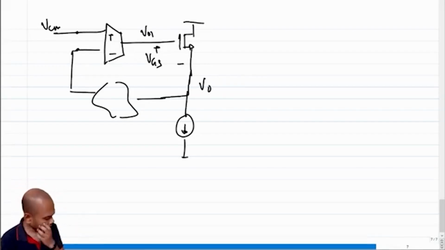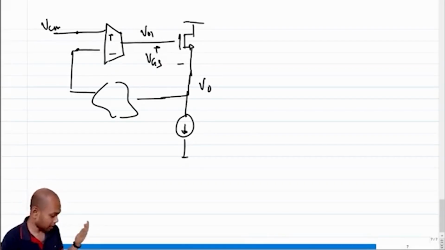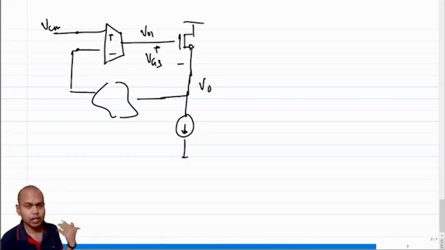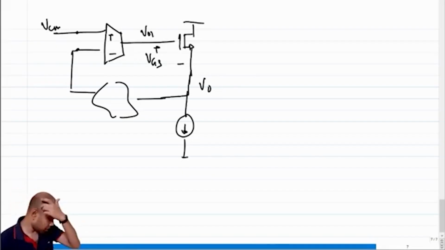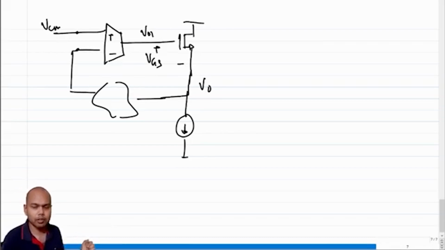But what if I don't use an NMOS, I use a PMOS? But you might say that we saw, like in module 1, that using a PMOS is a problem because a common drain buffer is a problem, right?